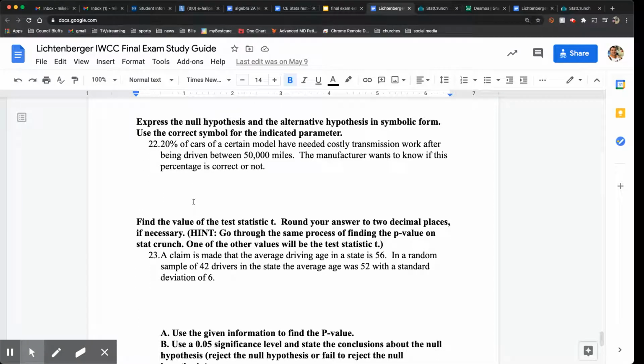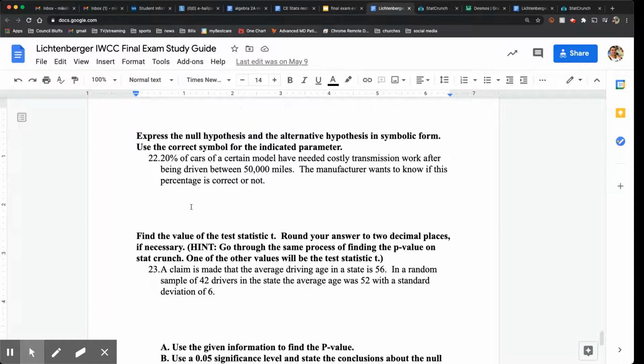Okay? Express the null hypothesis and alternative hypothesis in symbolic form. Use the correct symbol for the indicated parameter. So 20% of cars of a certain model have needed costly transmission work after being driven 50,000 miles.